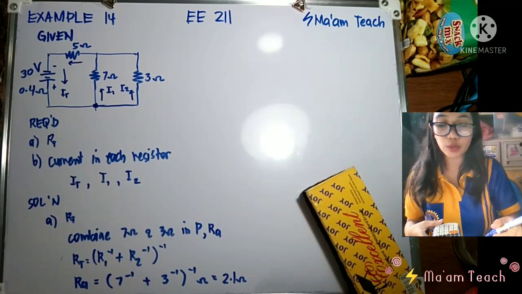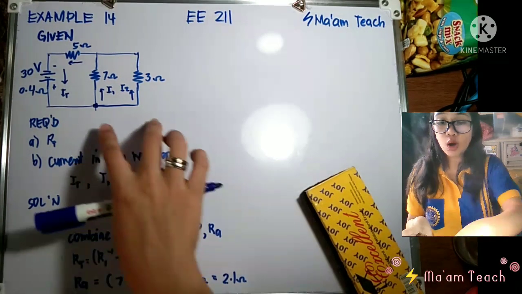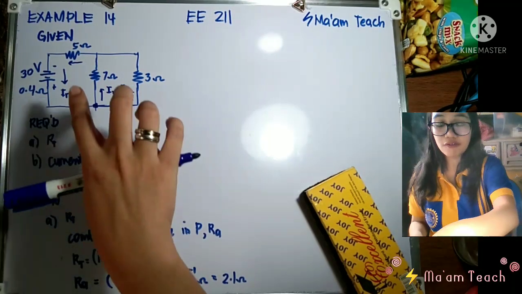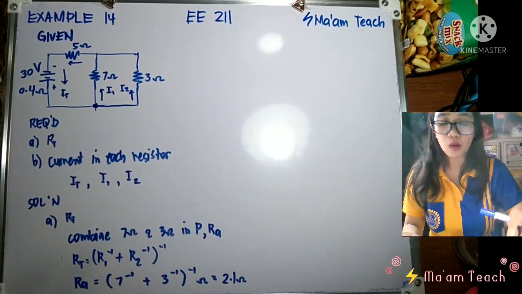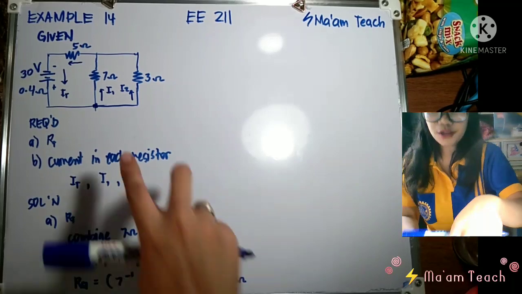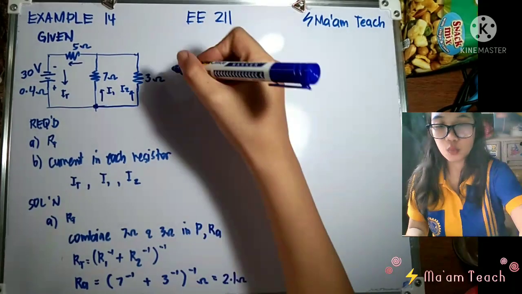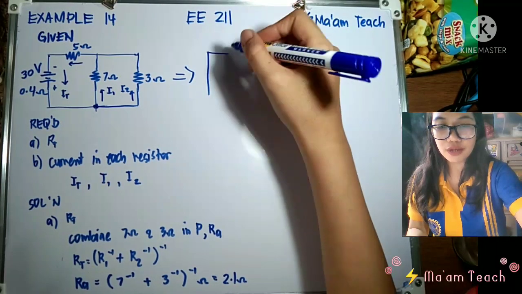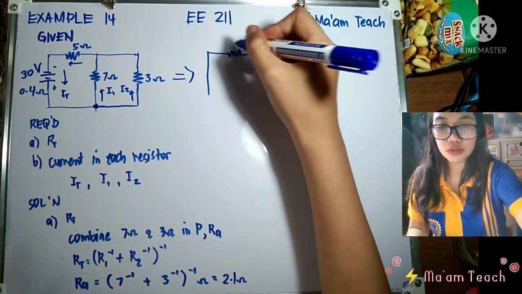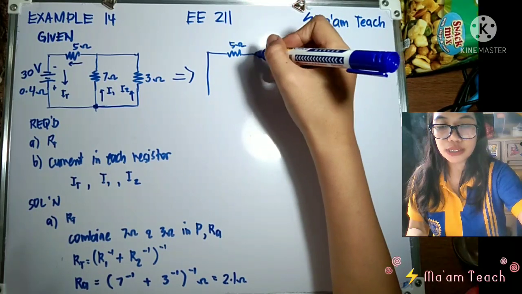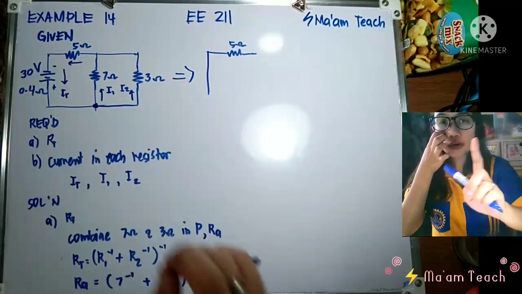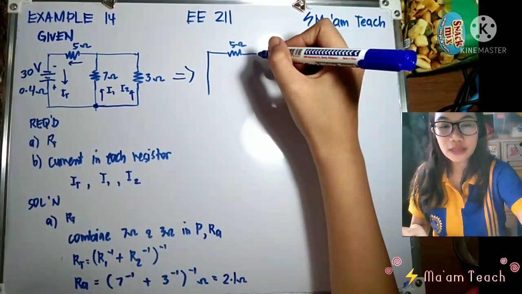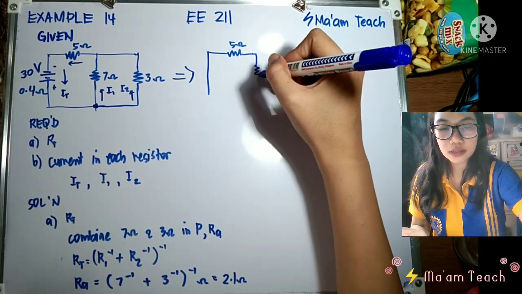Again, this 2.1 ohms is only the combination of 7 and 3. We still have the remaining resistors. So once we combine our 7 and 3 in parallel, the circuit will become like this. Okay? So we have here 5 ohms. Since we have combined 7 and 3, they will become one resistor, which is 2.1 ohms, and the circuit will look like this.